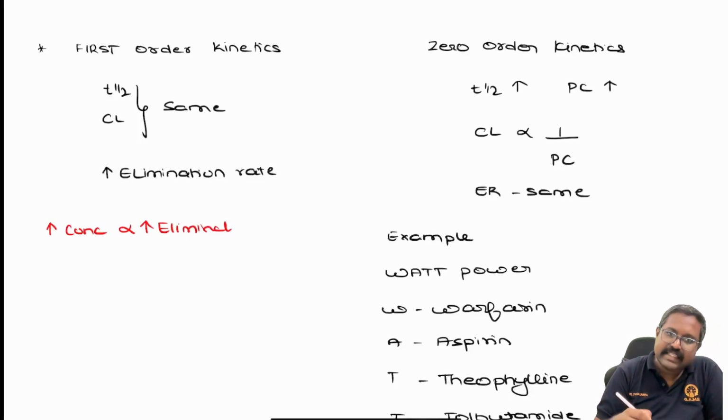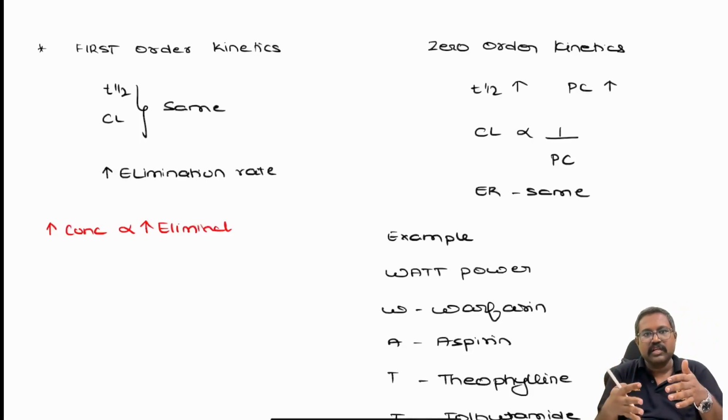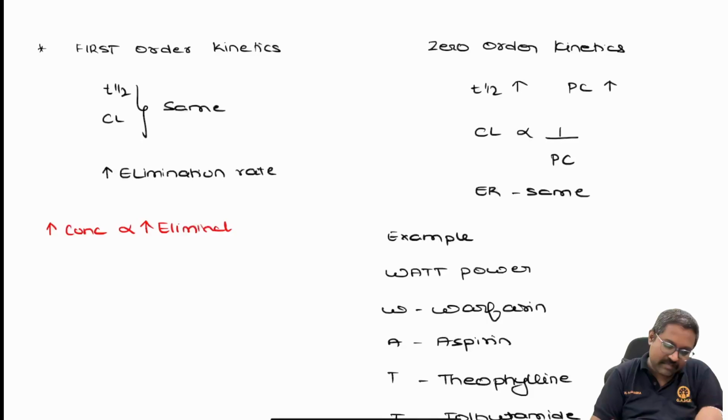So there is an increase in the rate of elimination. If you increase the dose, the elimination rate will increase. So the half-life will remain the same in first order kinetics and clearance will remain the same.